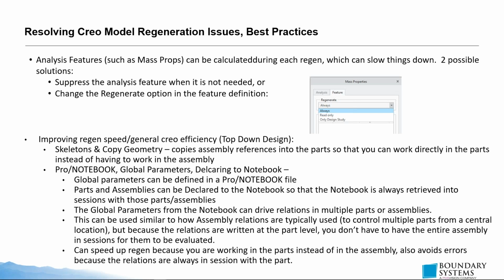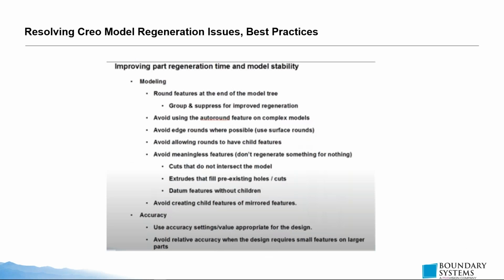And the last thing is improving part regeneration time. One of the things is that round features should be put towards the end of the model. So develop your model and then start putting in your rounds towards the end of the model. You should not have round geometry too early in your model.